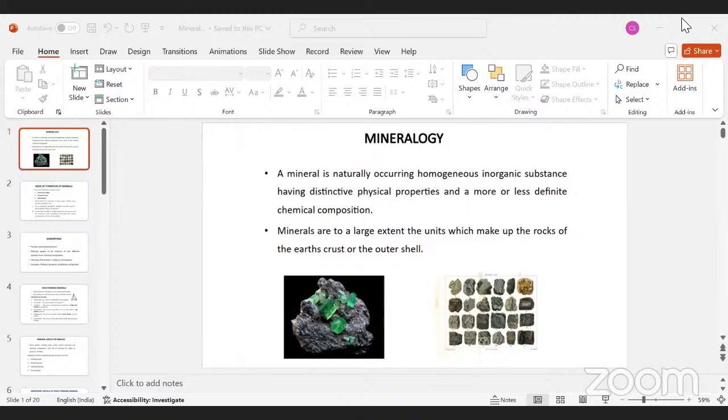So here we need to get the mineralogical compositions.